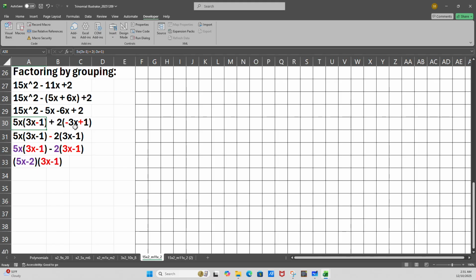But notice that this is minus 3x plus 1 versus over here it's 3x minus 1. So on the right side, this is just a negative of that. Notice we're adding 2 times this quantity. If we take this and subtract 2 of it, we can negate this part and have 3x minus 1 inside of here, which is the same as what we have on this side.